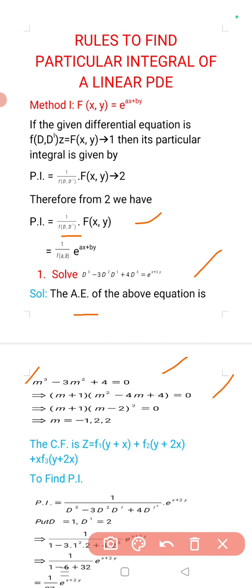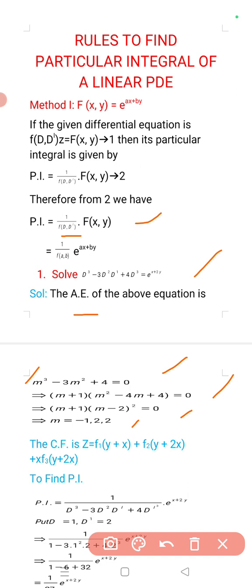Factorizing it, we get m plus 1 into m minus 2 whole square. The roots obtained are minus 1, 2, 2. Here minus 1 is a different root, and we have two equal roots 2, 2. So in total there are 3 roots.